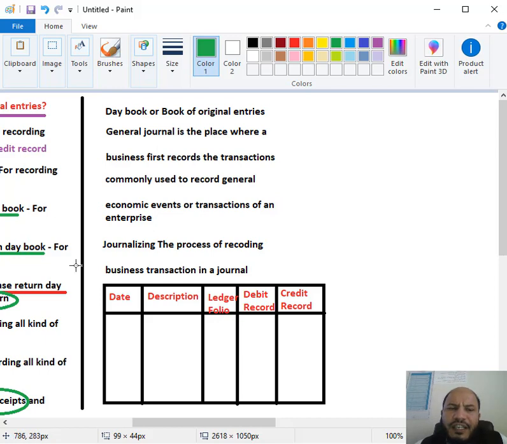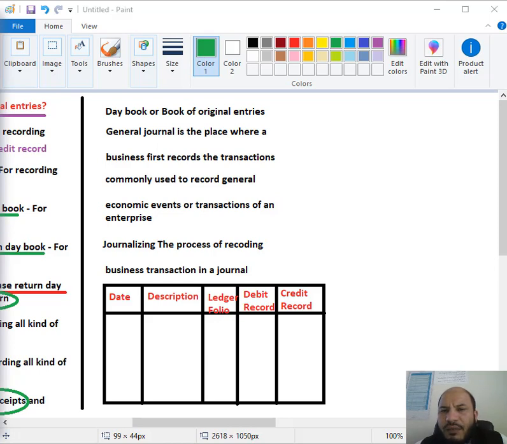So now we will explore the general journal again, what the general journal is. The day book is also called the journal. I mentioned earlier that it is a book where we record transactions chronologically, on a daily basis. So the general journal is also called the book of original entry.